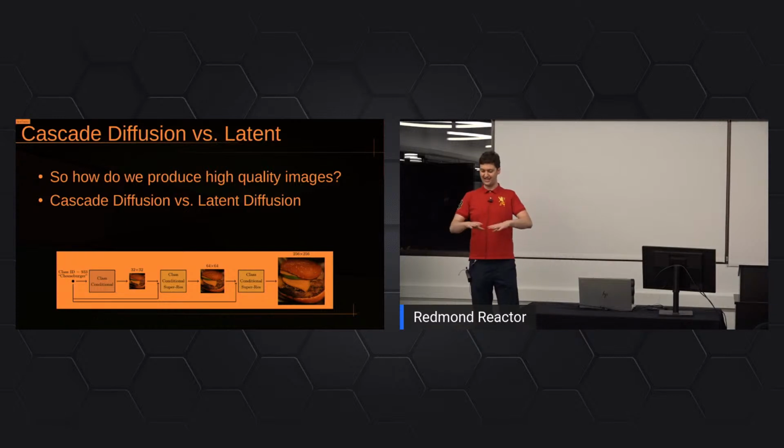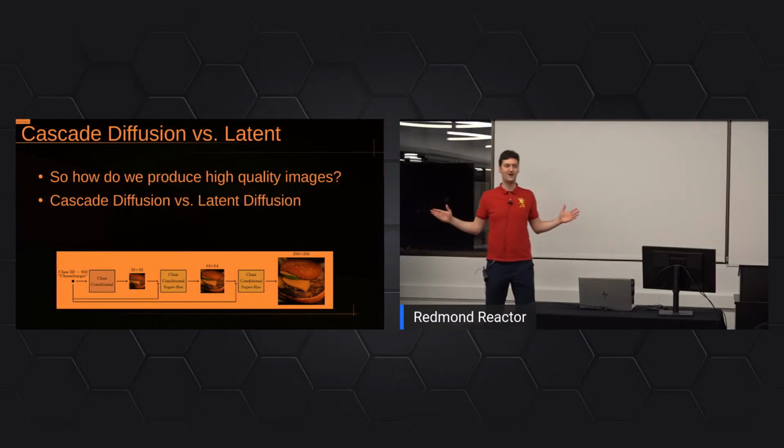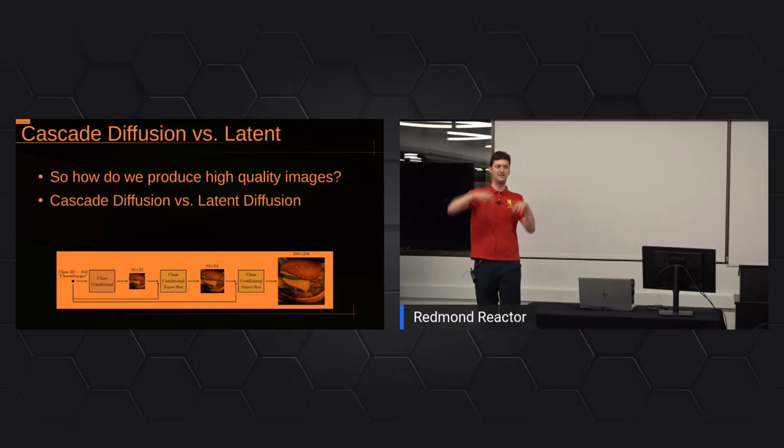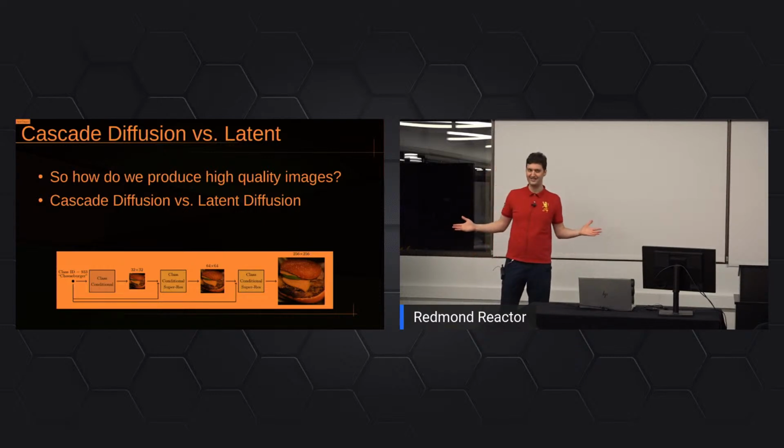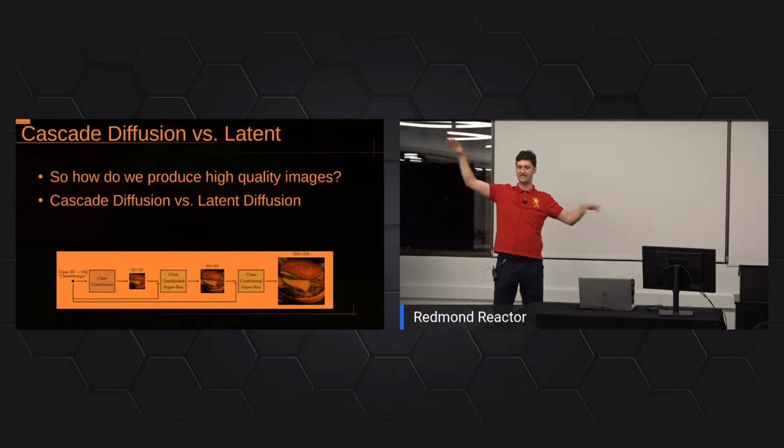Even regular images are very large, and these have to be vectors, so the amount of space you need to store all of those images and train all of those neural networks becomes very cumbersome, and it takes up all of the compute resources unnecessarily. So how do we produce high quality images with this? Obviously we could train on an image of a 4x4 square very easily with this technique, but how do we produce the high quality, large images that we want?